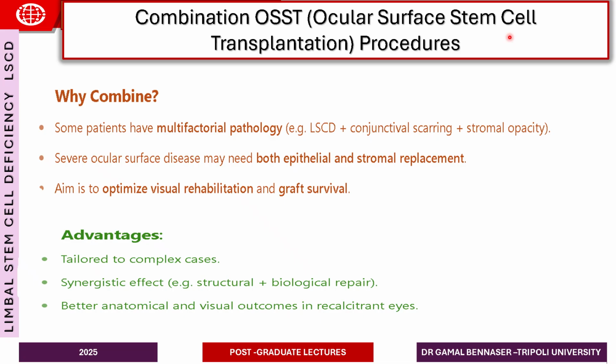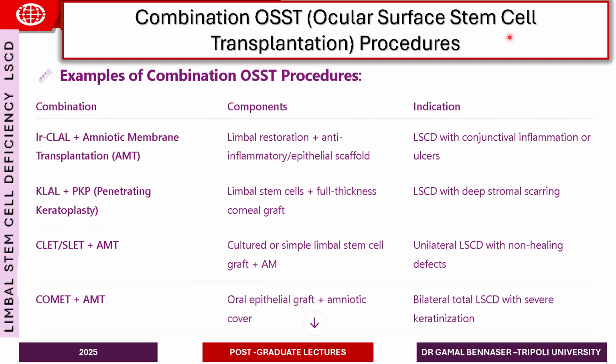The advantage is that it is tailored to complex cases only, and we utilize a synergistic effect of the two procedures to improve the ocular surface as well as the success of the graft. Better anatomical and visual outcomes are hoped for after these procedures.